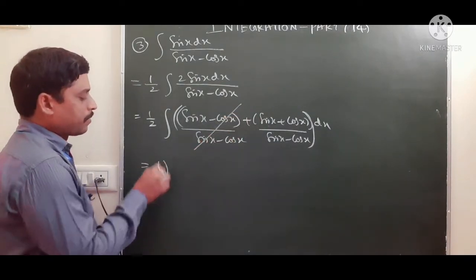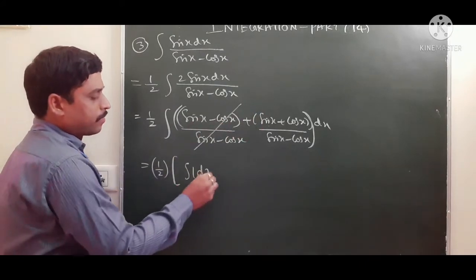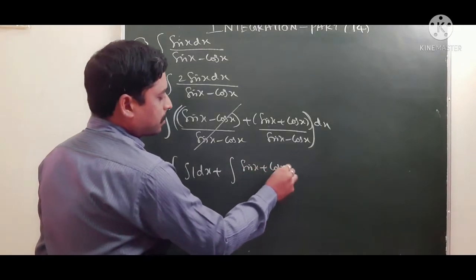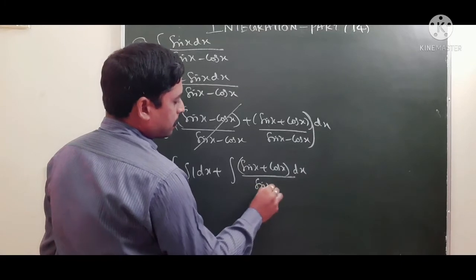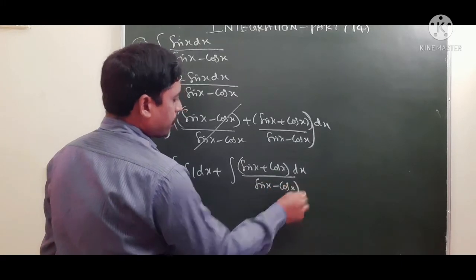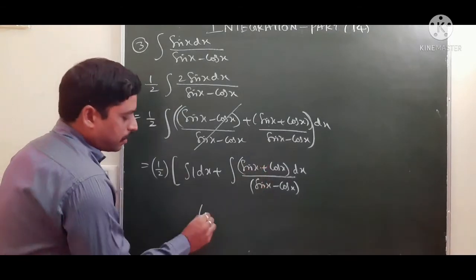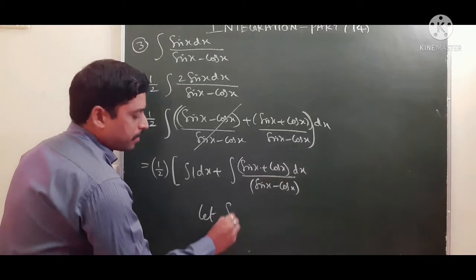So 1 by 2 times of integral 1 dx plus integral sin x plus cos x dx by sin x minus cos x. We have integral 1 dx, the value is x. So let us take the denominator as t, then the numerator will be dt.